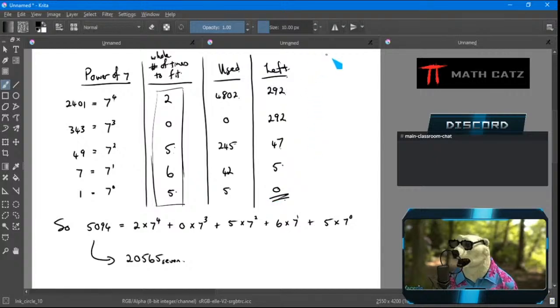So I want to have a layout, a presentation, a strategy that helps me minimize my mistakes. Mistakes can still happen, but if I show my work like this, then hopefully I've lowered my chances of making a mistake.